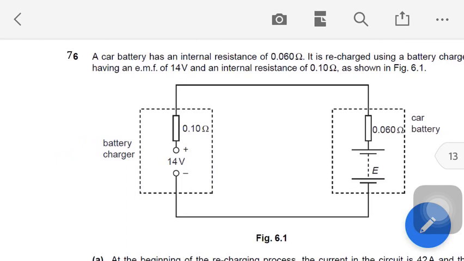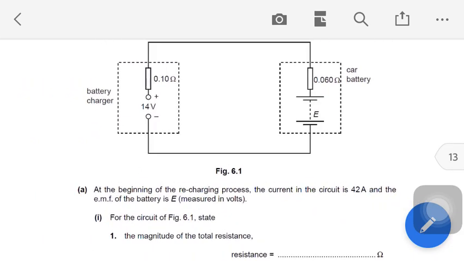But at this moment you can write it either way. When you apply V equals IR in the next question, you need to be careful if you are writing it the other way. If you write E minus 14, then you have to give a minus for the current direction. It might confuse you when you talk about direction for the current, because current is not a vector.